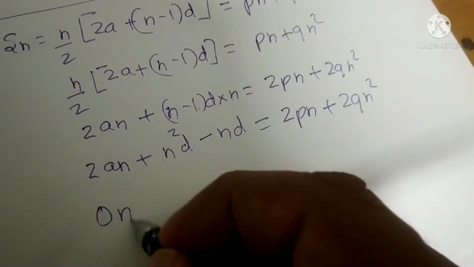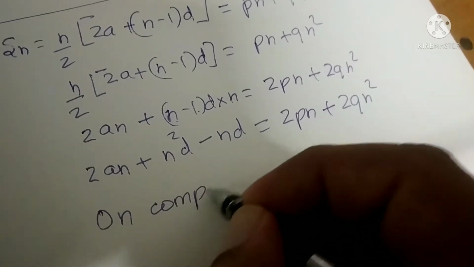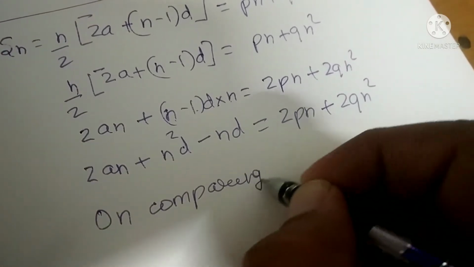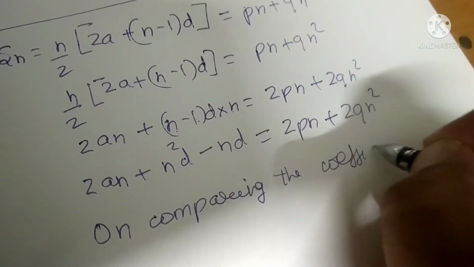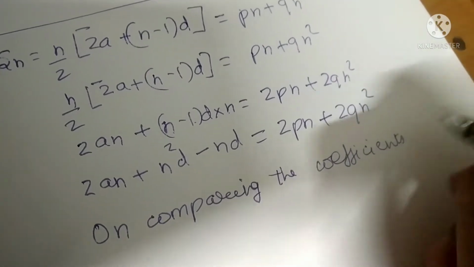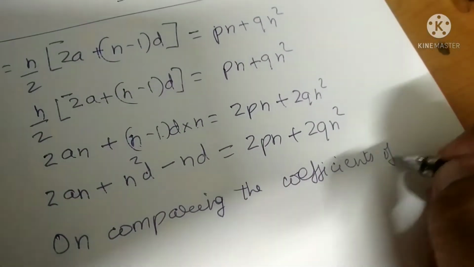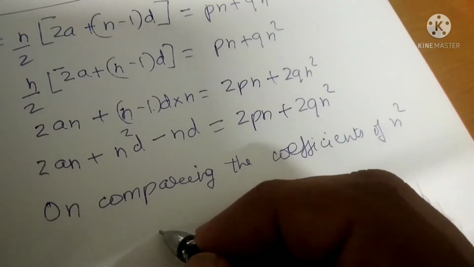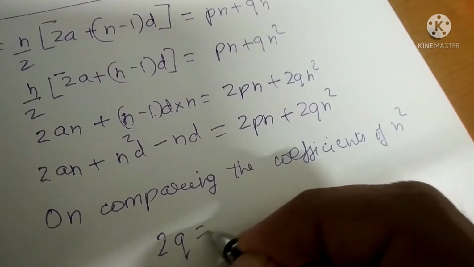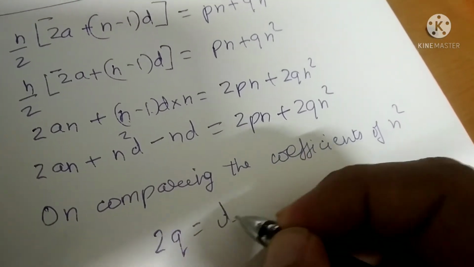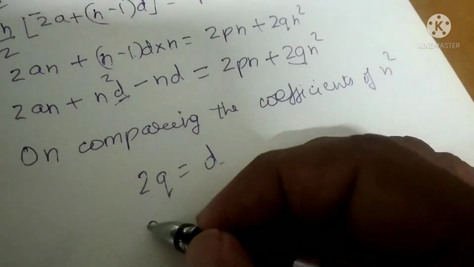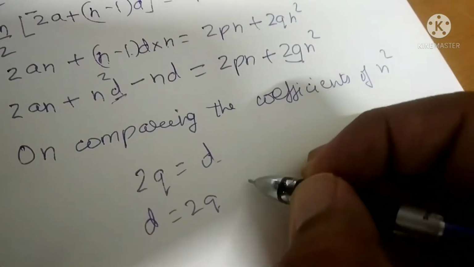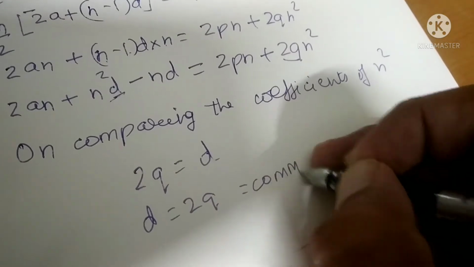On comparing the coefficients of n square, we get 2q is equal to d. So we have to find d, so d is equal to 2q. This is the common difference. So 2q is the answer of this question.